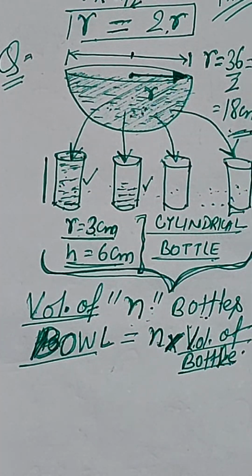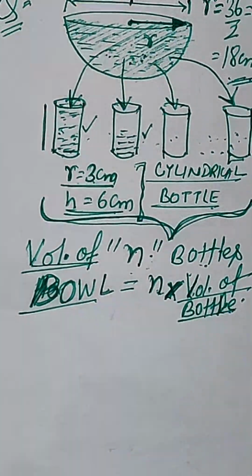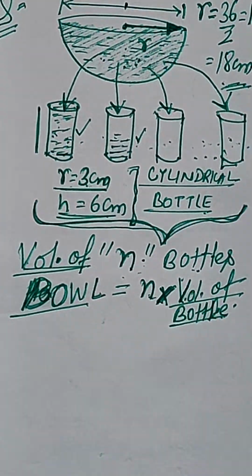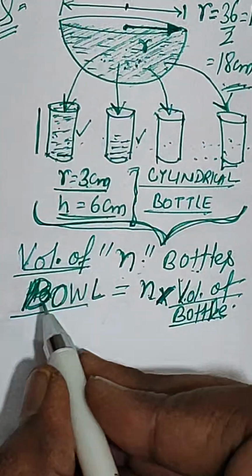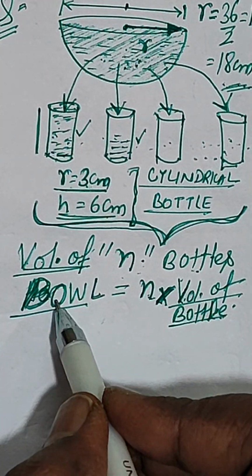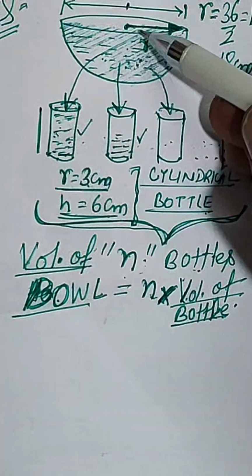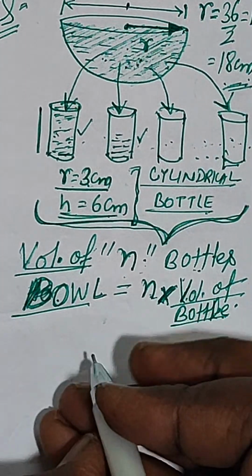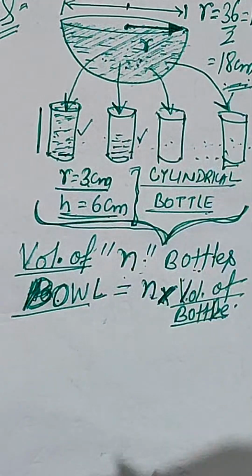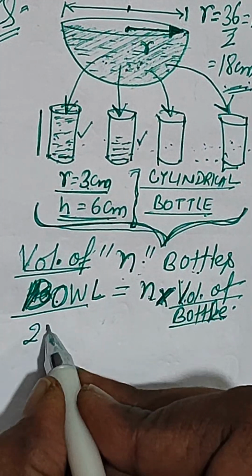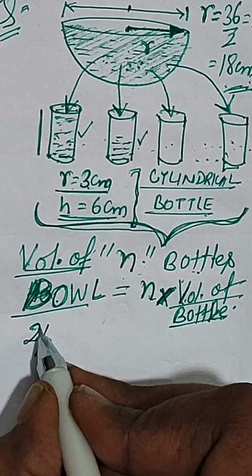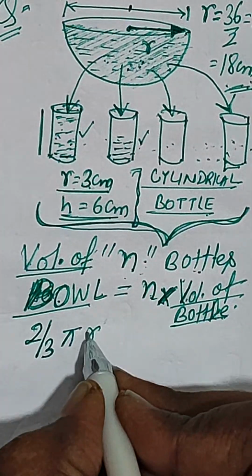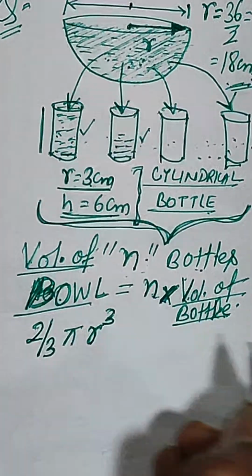So when you just solve it, you will get the value of n. But you should know the volume of the bowl. For a hemispherical ball, the radius is given to you as 18. The volume of the hemispherical ball is 2 by 3. You need to remember this formula, students. 2 by 3 pi r cube, right?